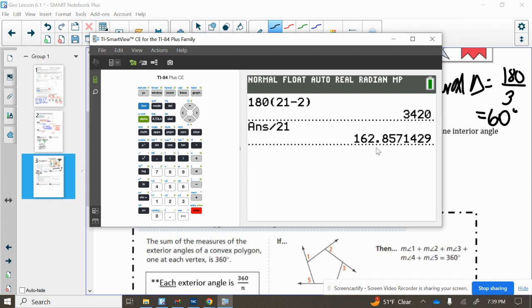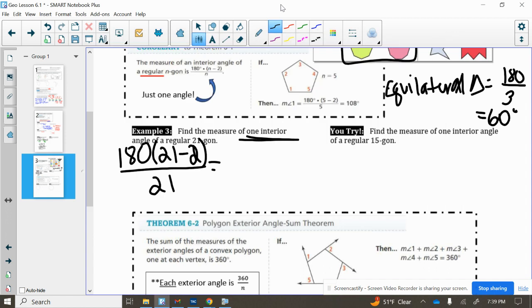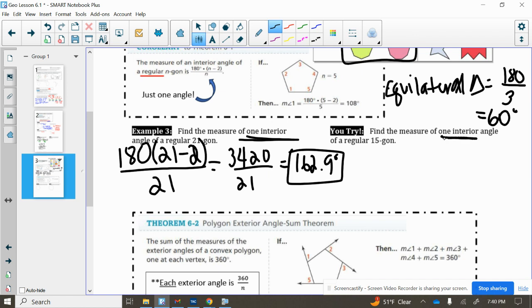So on this one, we're going to have to round. Each one would be 162.9 degrees. So again, that's 3420 divided by 21, each is about 162.9 degrees. All right, you try the next one. You want the measure of one interior angle of a regular 15-gon.